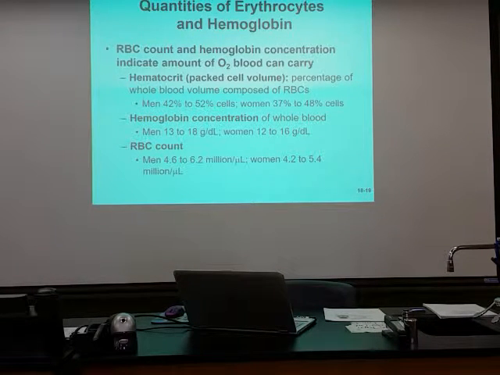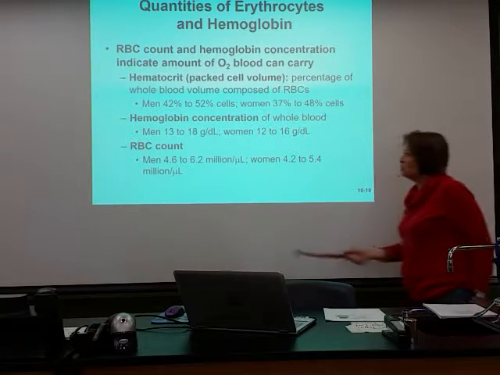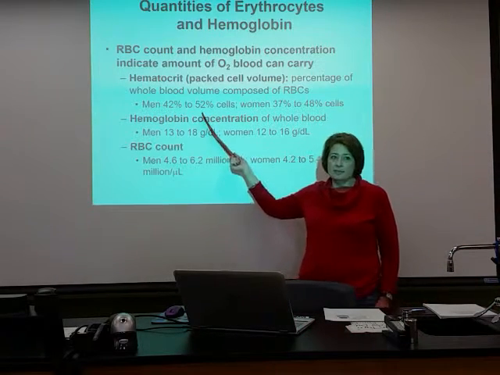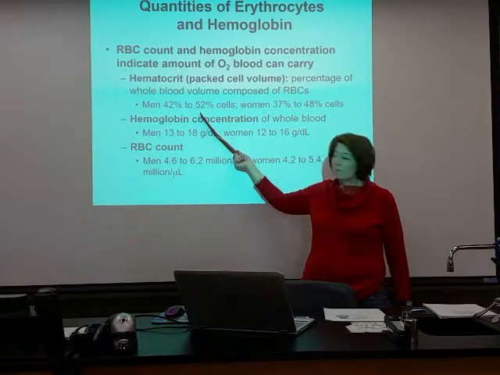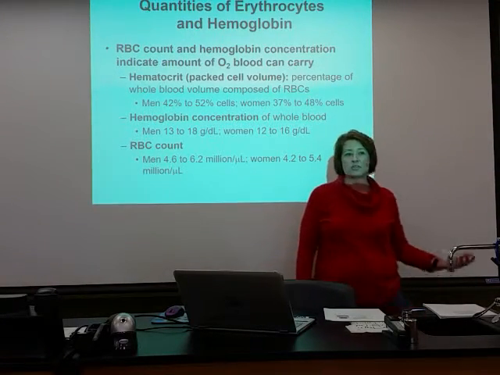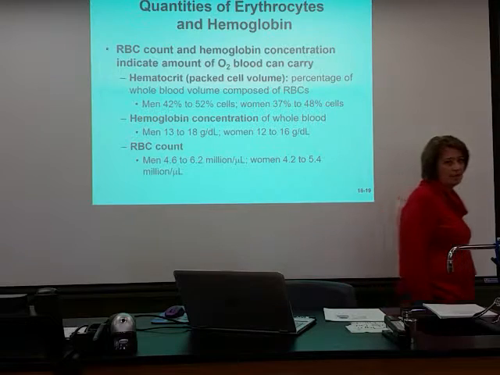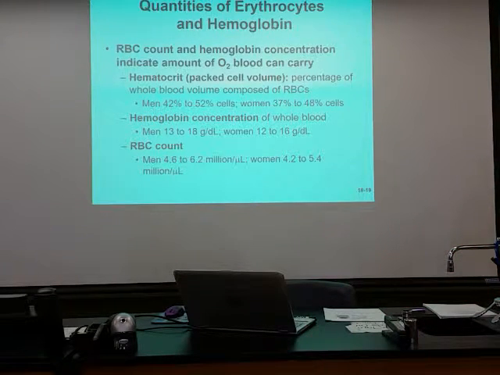So they're not looking at the buffy coat, they're not looking at the plasma, they're only looking at that red blood cell section. In men, roughly 42 to 52% of their total blood count should be red blood cells. In women, about 37 to 48%. And that number will change according to age. For example, the older you are, you're not menstruating, so your blood loss is less.